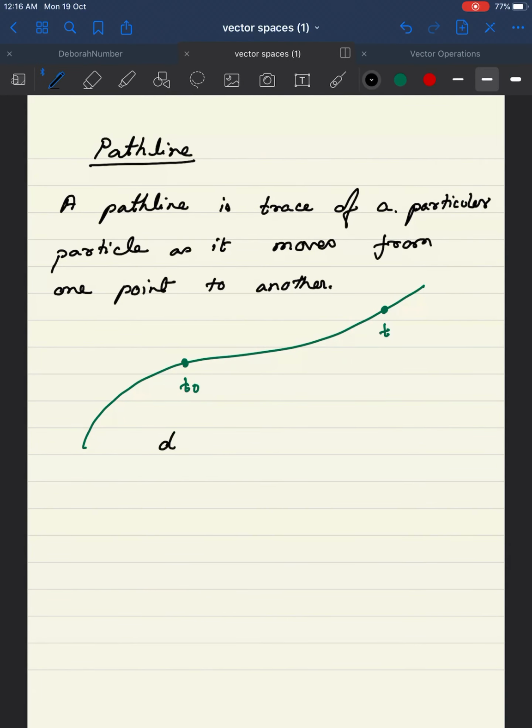Once again, the time derivative. So this is basically the Lagrangian perspective. You're following a particle again, right? Just like the streamline case.